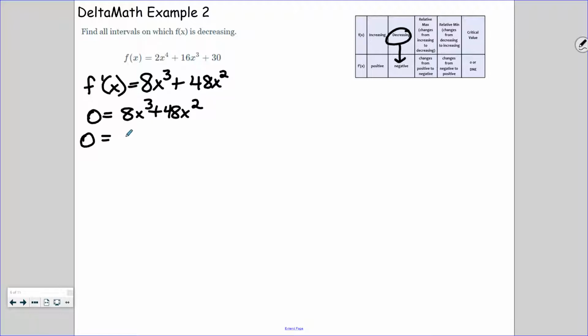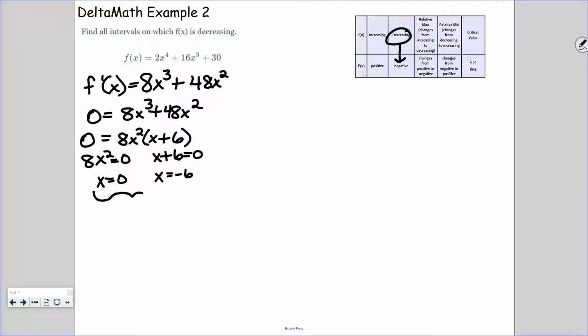Looks like I can factor out an 8x squared from both terms: 8x squared times x plus 6. And then if I set each factor equal to 0, I'll get x to be 0 and x to be negative 6. So these are my critical numbers.